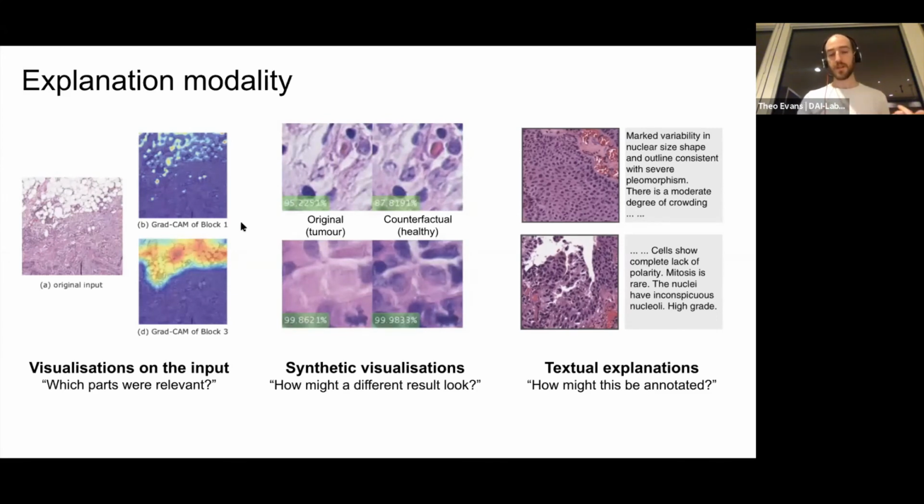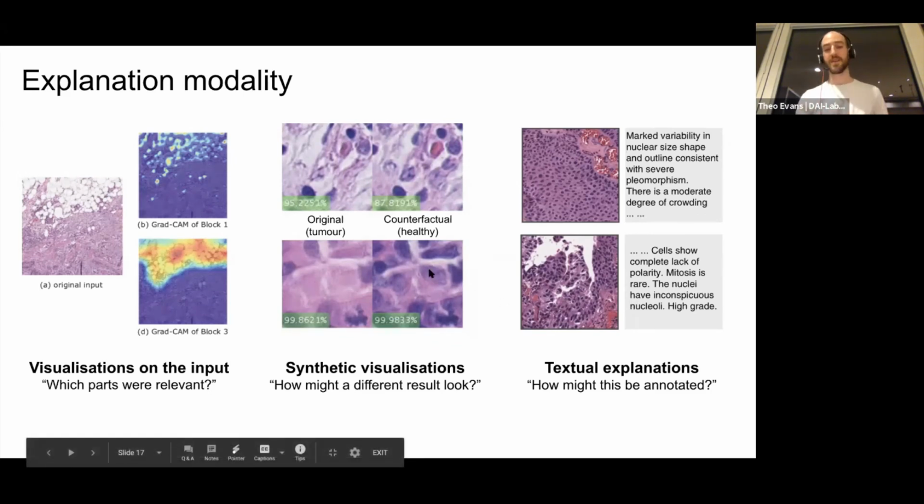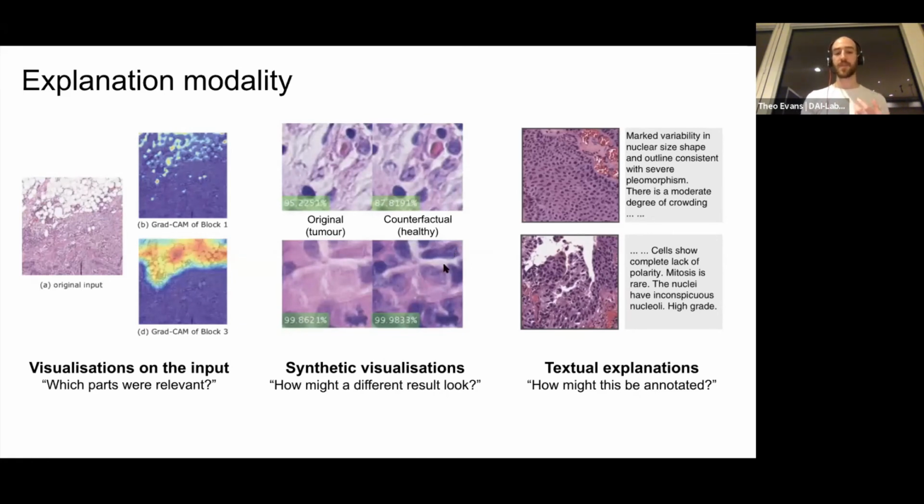Now, I mentioned that these visualizations on the input, these kind of heat maps and saliency maps, are by far the most commonly implemented explanation modality at the moment. Another aspect of that is that for synthetic visualizations or synthetic annotations, the more convincing you make fictitious data, the greater the potential for misleading the user, especially if that user is a pathologist and doesn't necessarily have insight into the AI algorithms that produce these explanations.